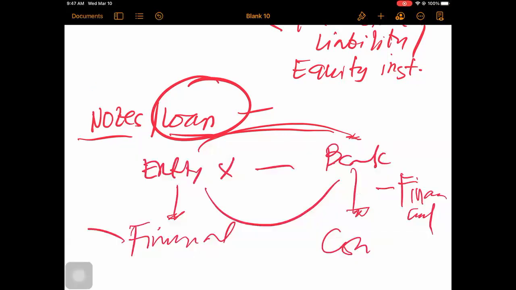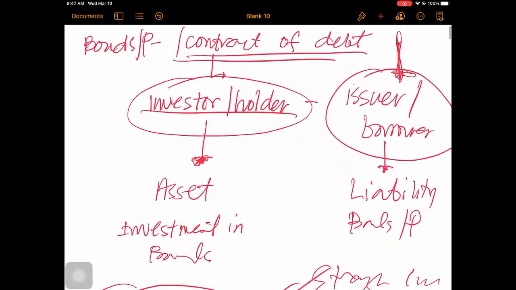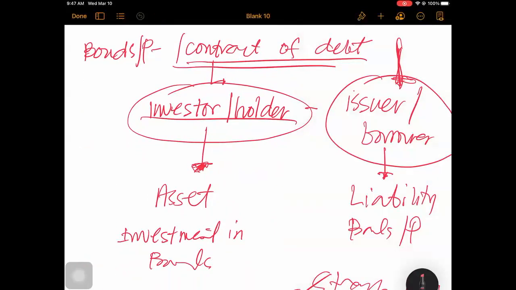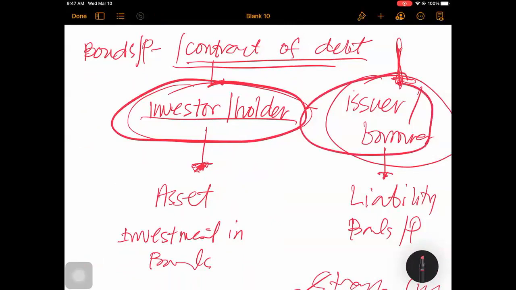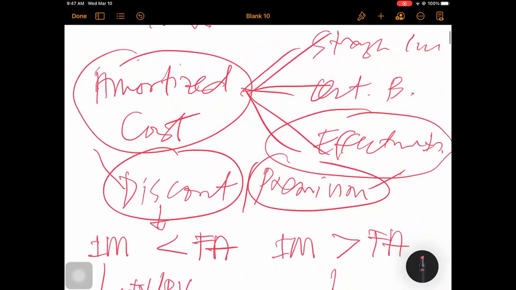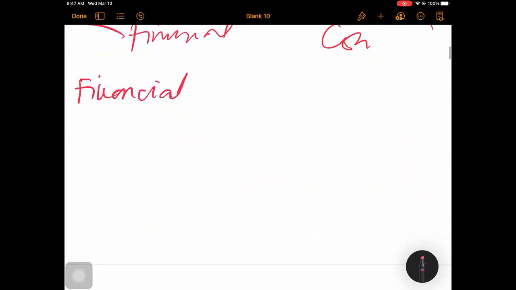This is a financial asset on the part of the investor, and a financial liability on the part of the issuer or the borrower. So our focus now is the perspective of the issuer or the borrower. Okay, so our focus now is about financial liability because we are done with asset.